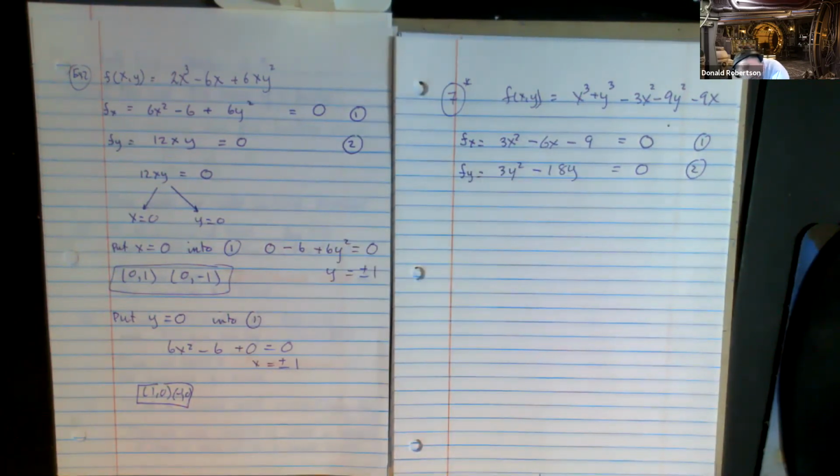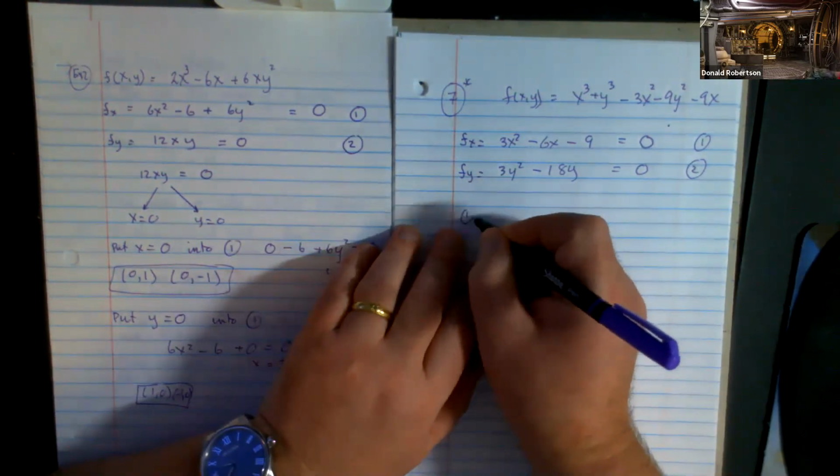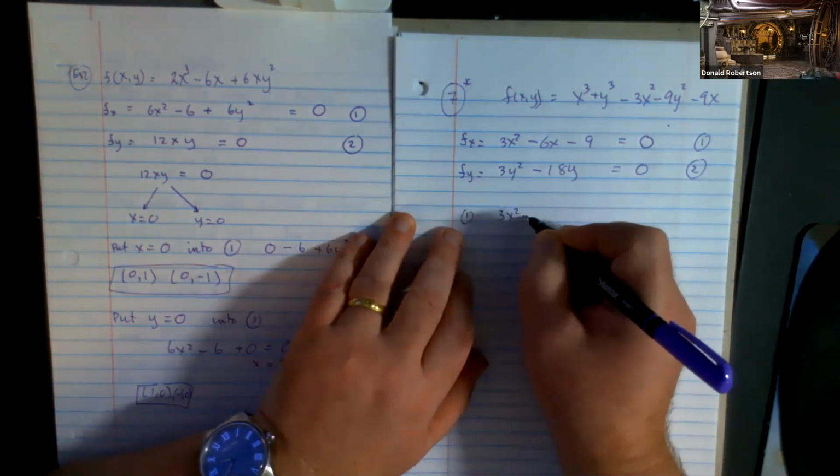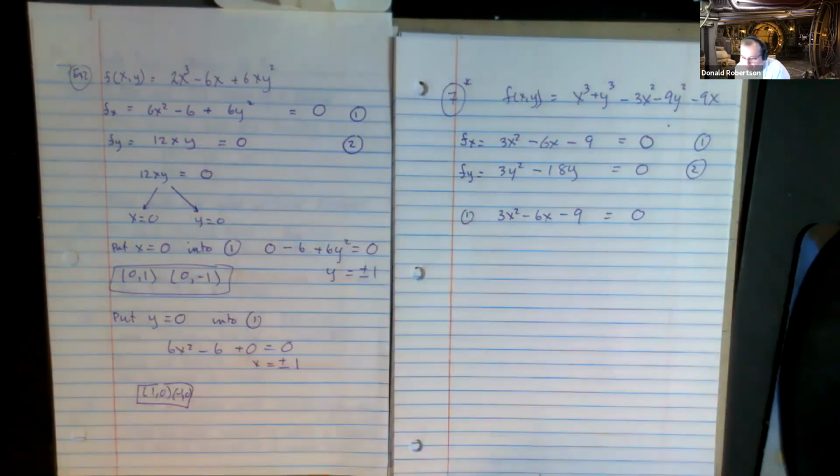And the goal is to find combinations of x and y where both of these derivatives are 0 at the same time. Now, each one, as I said, is kind of unique, so you take what you get. If you take equation 1, I like equation 1 because everything is in x's. That makes it easier to solve.